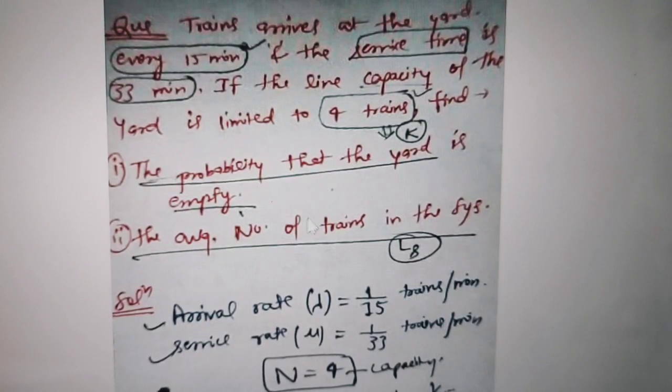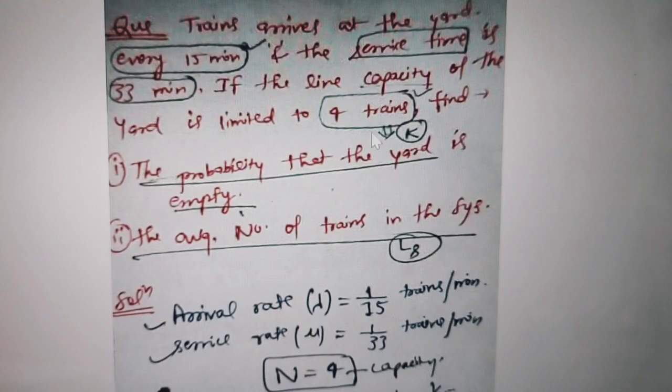First, we have to find lambda and mu. As it is given in the question that every 15 minutes one train is coming, lambda, the arrival rate, will be 1 by 15 trains per minute. The service time is 33 minutes for one train, so the service rate mu will be 1 by 33 trains per minute.